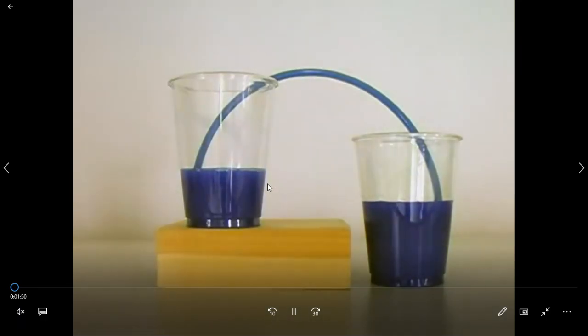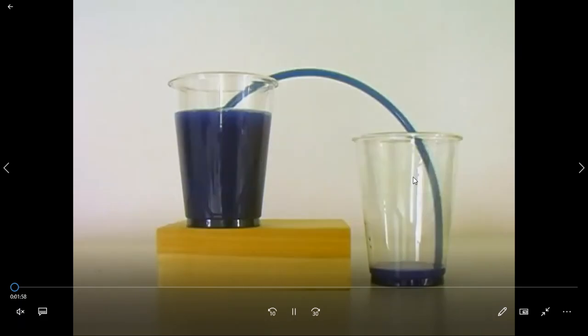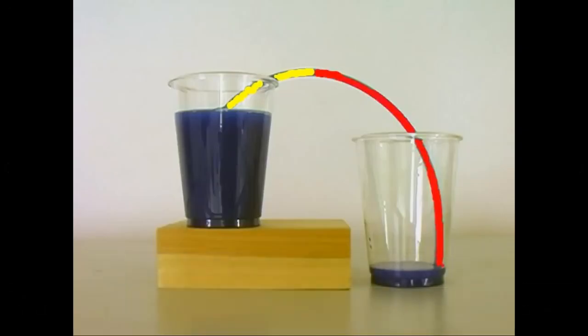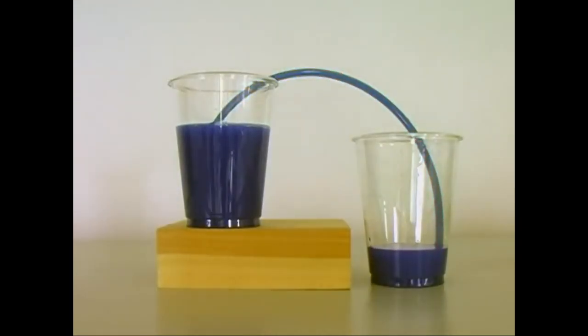But when both levels become equal, neither does the fluid flow from here to that part, nor will you receive a reverse flow. So this is an example of natural flow.